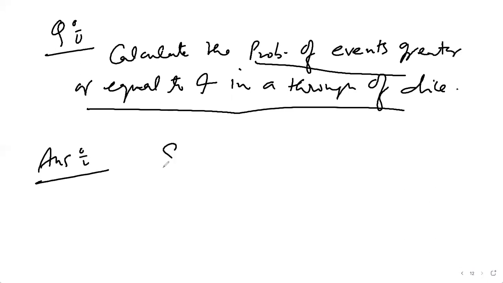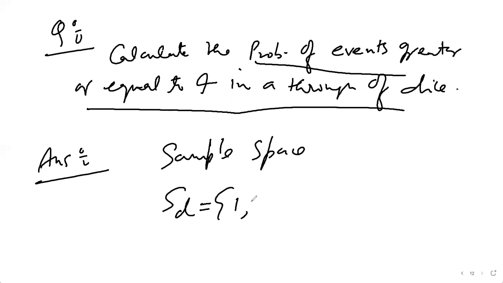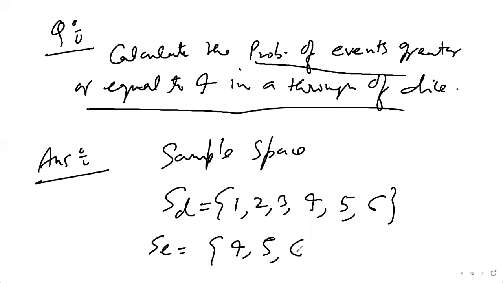You first define the sample space. That's the idea. What will be the sample space for a throw of dice? So S_D is 1, 2, 3, 4, 5, 6, right? So now what would be the events, right? For the probability of events greater than or equal to 4, how are the events defined? 4, 5, 6.